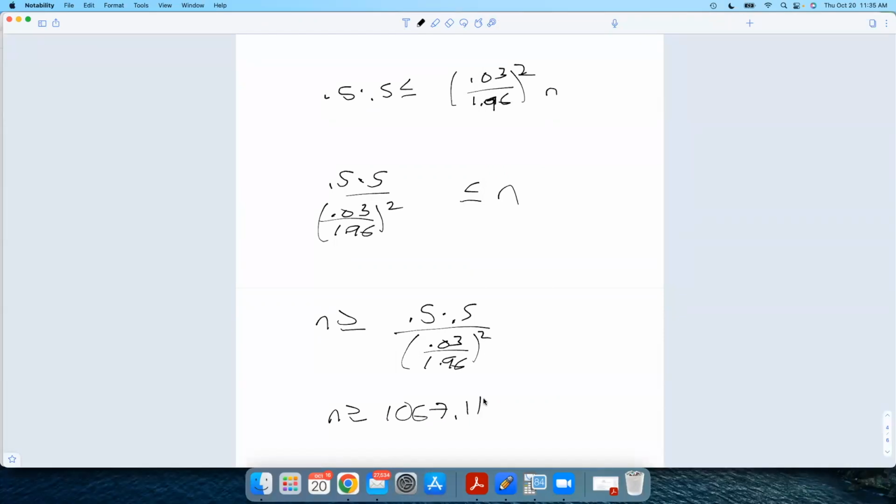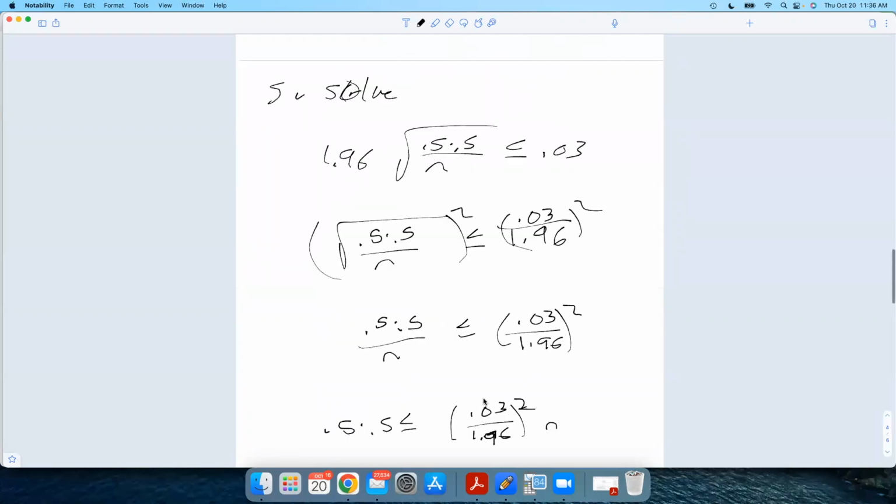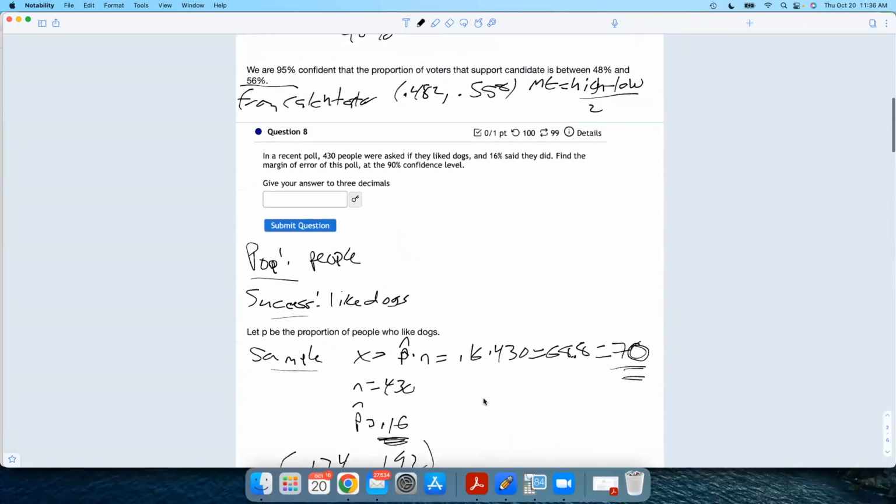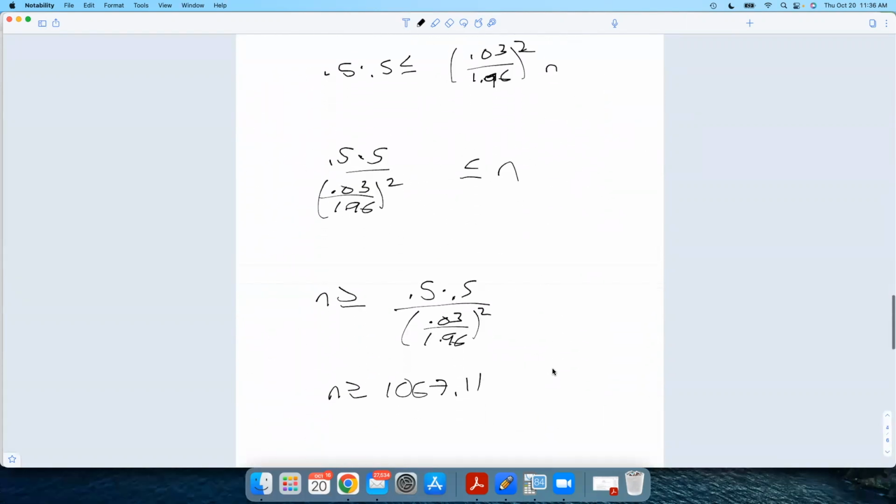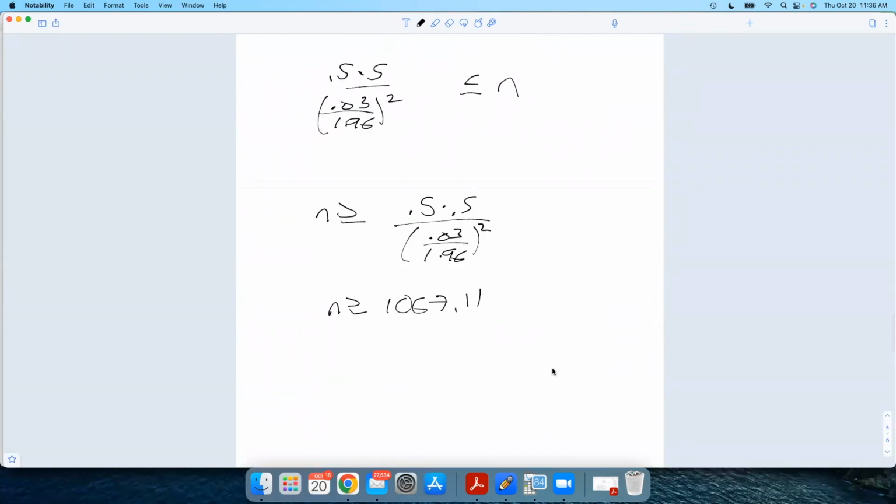So n has to be bigger than this. N has to be a whole number here, and we can't just use normal rounding rules. Up here when we had that issue with x, we just used normal rounding rules. This is different. N has to be bigger than 1067.11, and you can't have 0.11 people. We have to round up here because it says bigger than.